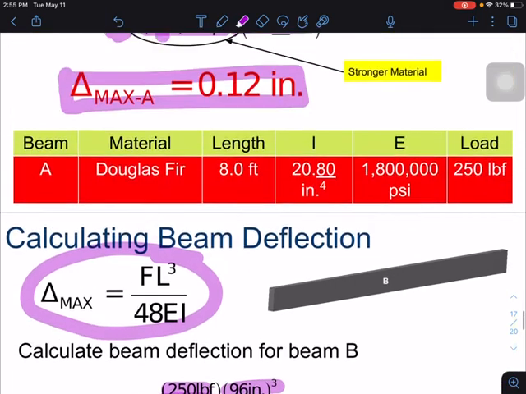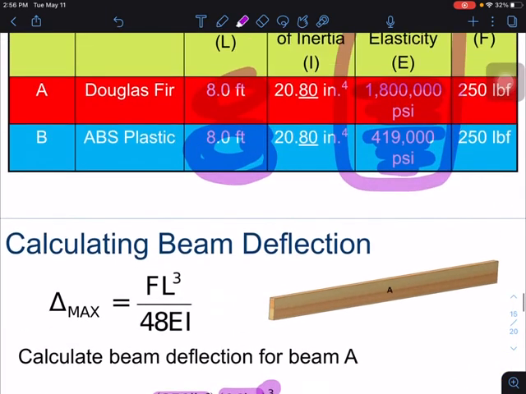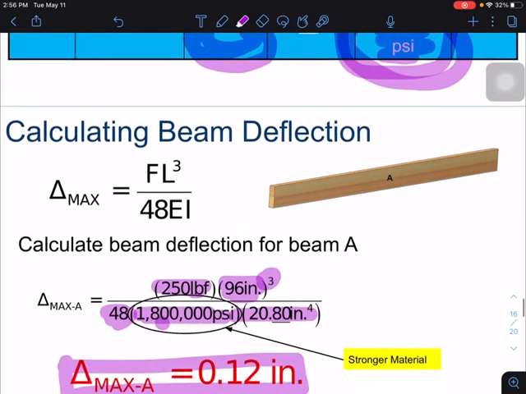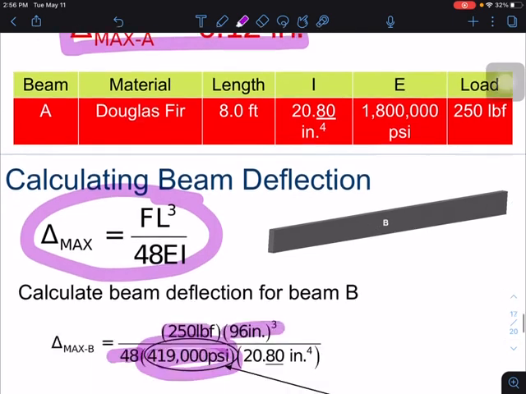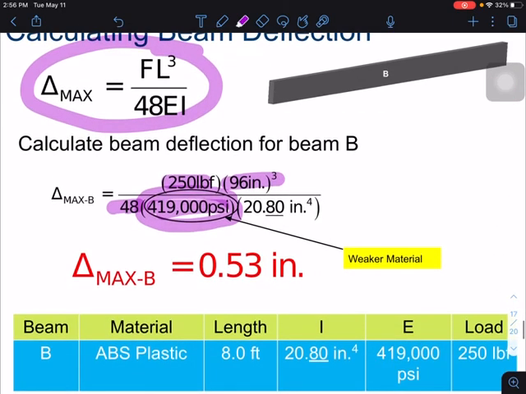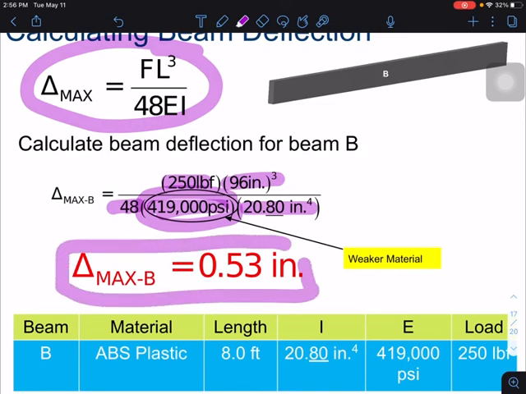That number comes from right up here, the Young's modulus of elasticity for the plastic. The moment of inertia is the same. We get a maximum deflection of 0.53.